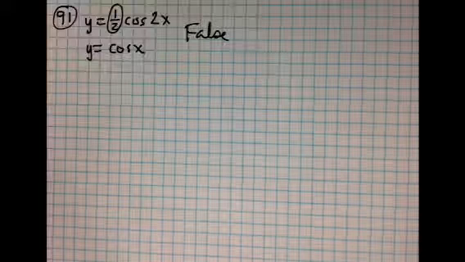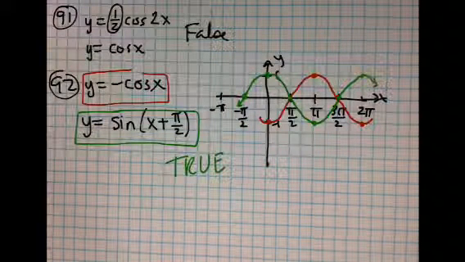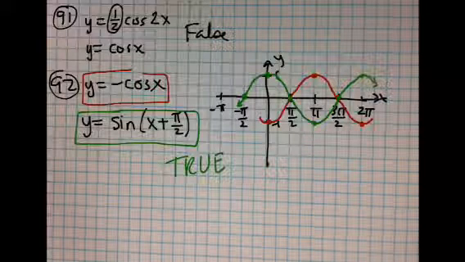Okay, so this is false. Okay, so here are the graphs of both the cosine and the sine functions, and as you can see they are a reflection over the x-axis of each other, so that would be true.